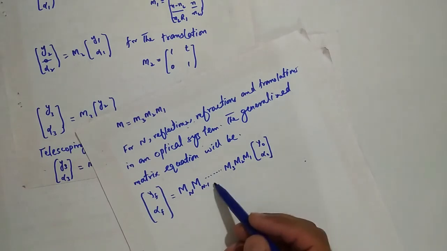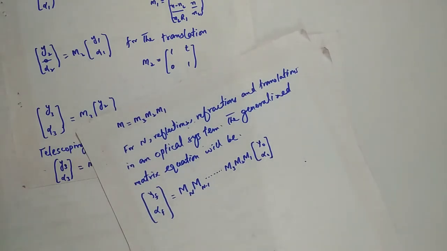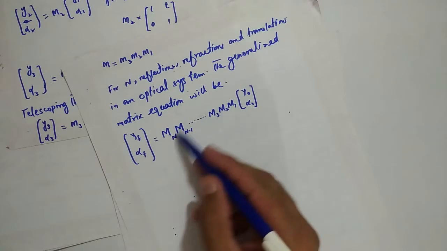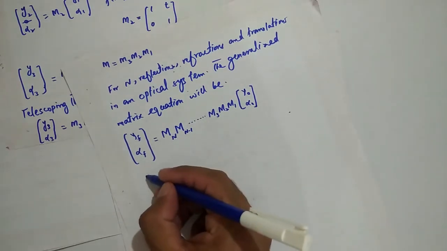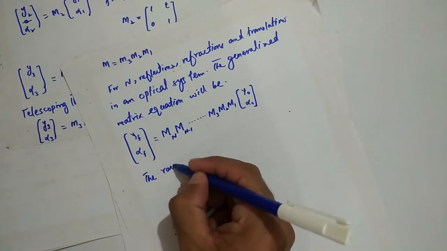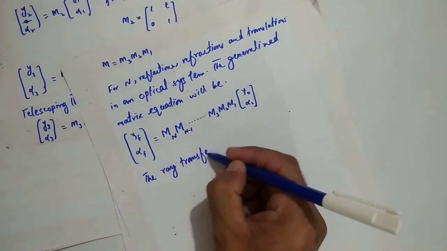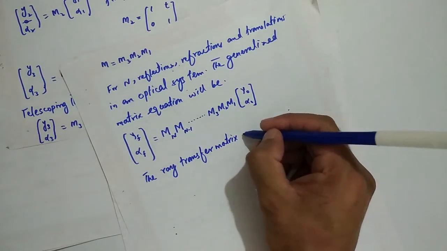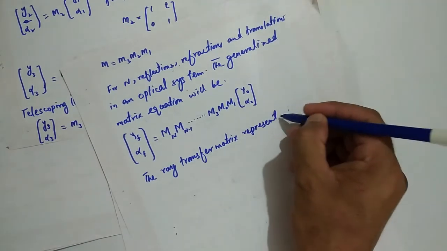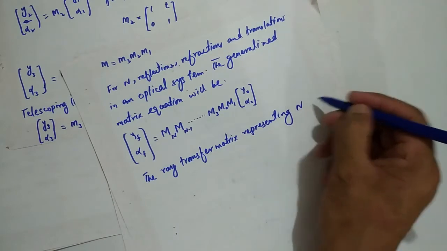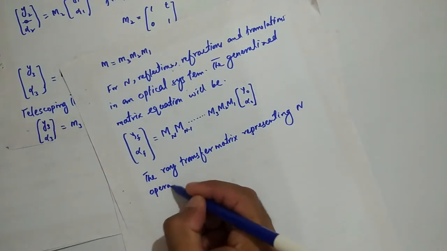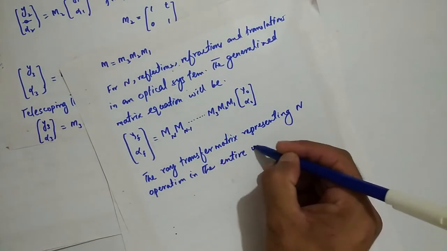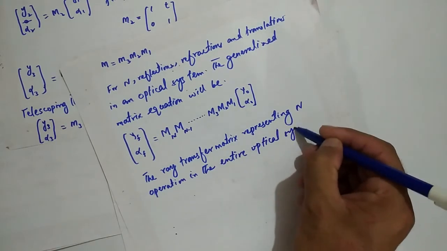And this matrix, the ray transfer matrix, is representing the n operations in the entire optical system.